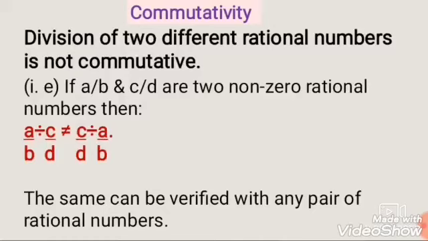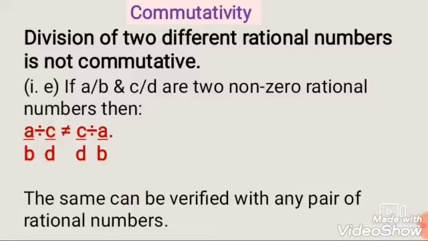Next we move on to the commutative property. The division of two rational numbers is not commutative. That is, if a by b and c by d are two rational numbers, then a by b divided by c by d is not equal to c by d divided by a by b.